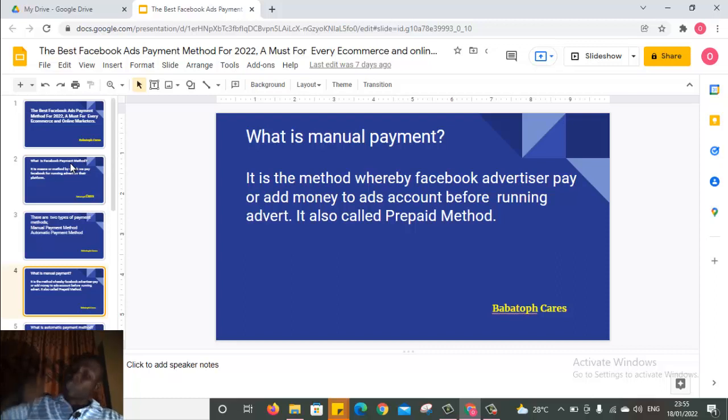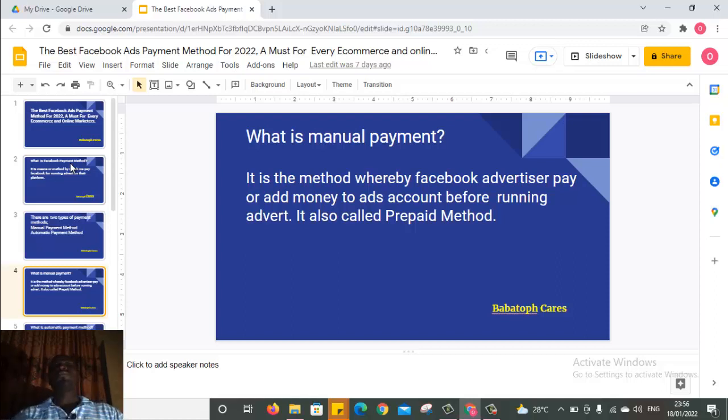You dip into your pocket, you pick your local card, mostly your normal Visa card or MasterCard in this country. You supply the details, and they credit your ad account. You prepay, you add funds before you run adverts. That's what we call manual payment method.